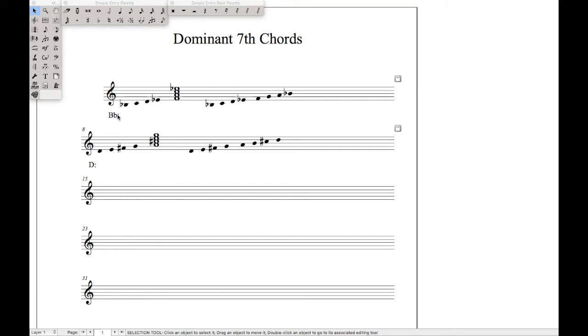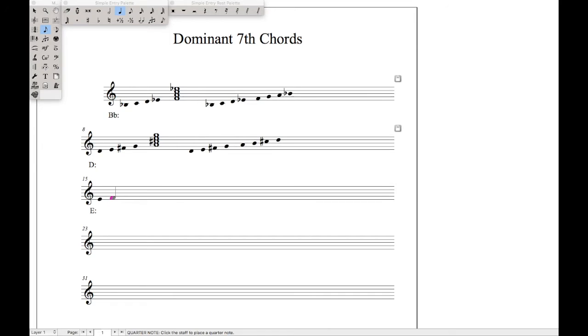So in B flat, we've got a chord built on F, F dominant seventh chord. And in D, we've got a chord built on A. It's one of those weird things. So let's say I was in the key of E, for instance. So let's write E. This is just a really quick example, and then we're going to talk about how we can actually write this in a notation program ourselves. So if I'm in the key of E and I'm starting down here, I would just count up 5 in that major scale.